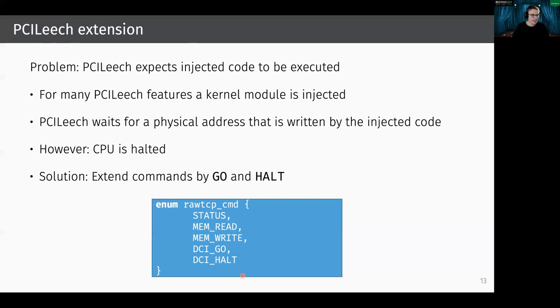When DCI go is sent, the CPU runs the injected code. And after a second, the DCI hold command is sent, and in the time between, there was a high chance that the injected code was executed.